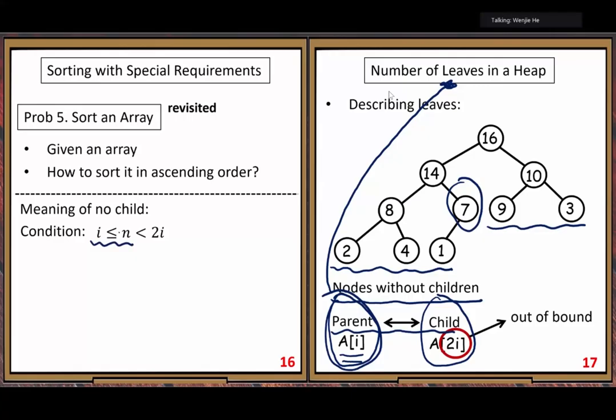Lower bound is 1, right? 1 less than or equal to i. The upper bound is m. So within the range. Do not get confused: in our heap topic, for the largest element we use n. In our previous discussion, not the largest element, but the last element in the array.